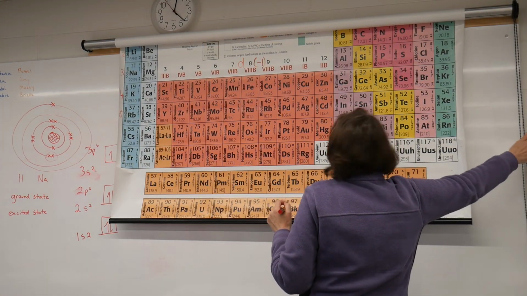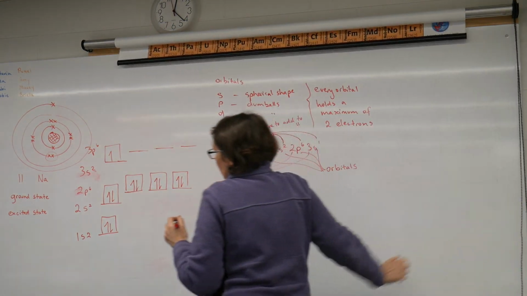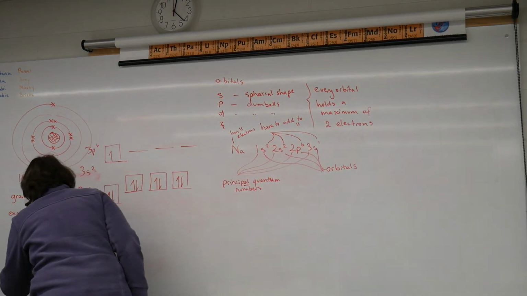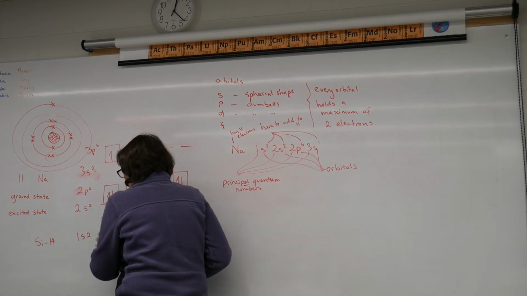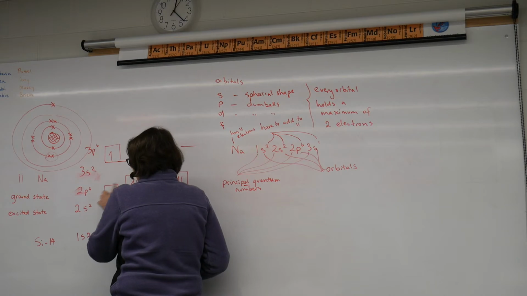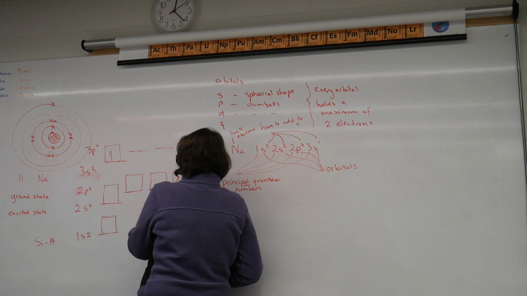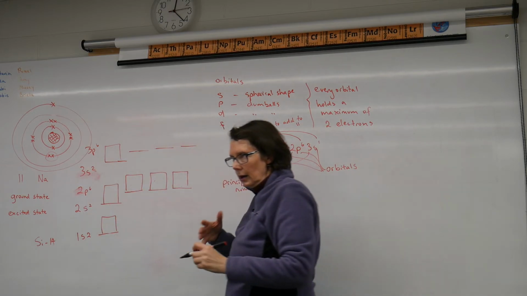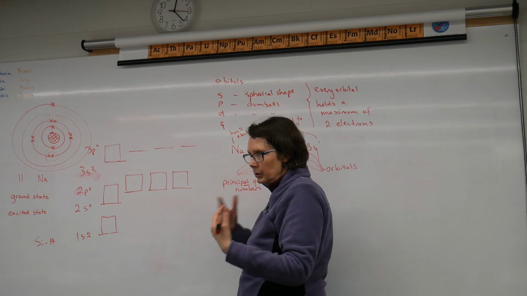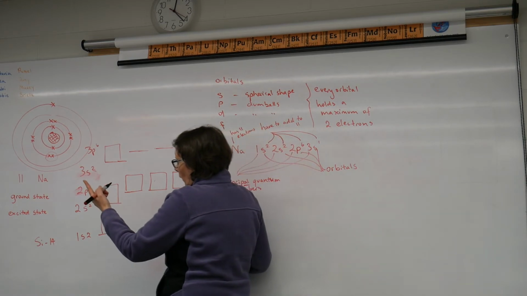Maybe we'll do silicon, that's 14. I'm going to do this whole process again. This time I'm going to ask you to think more about the process of filling, because I didn't do that carefully last time.